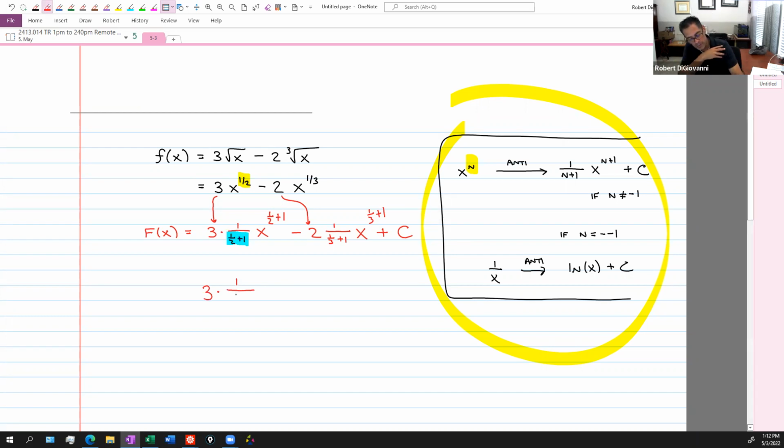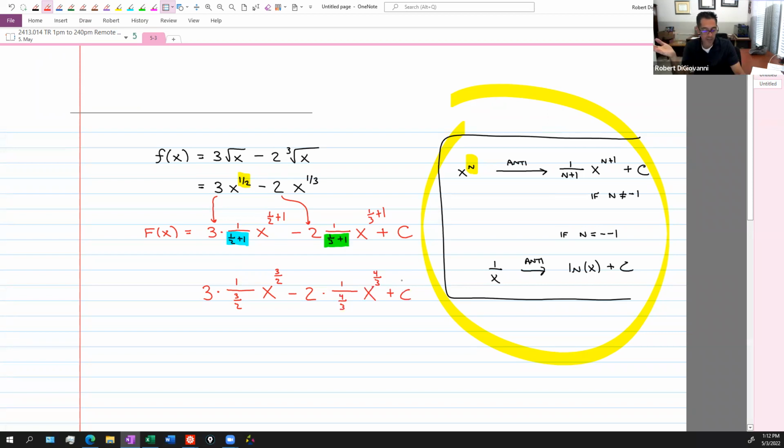And that's exactly the same as the power, so the power will be 3/2 as well. Then -2 times 1 over 1/3 plus 1, that's 1/3 plus 3/3, that's 4/3, and then x to the 4/3, and then plus c.